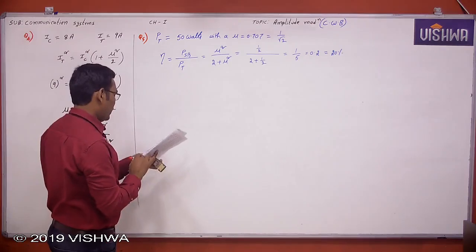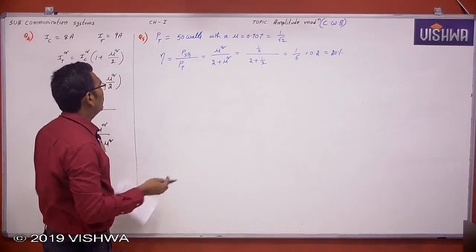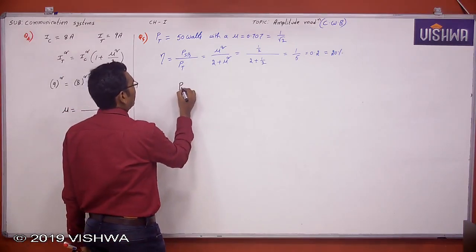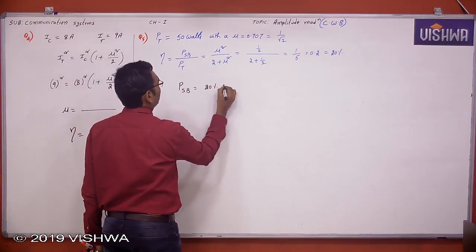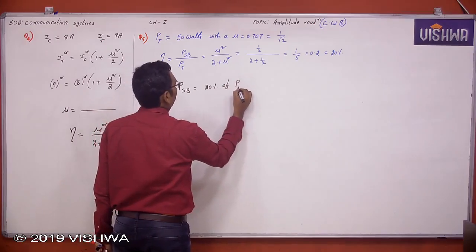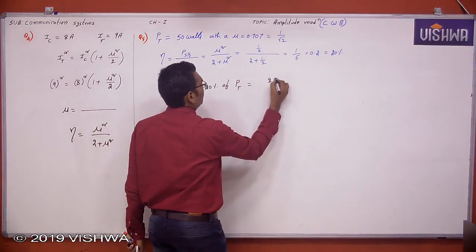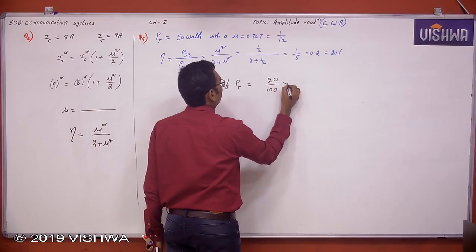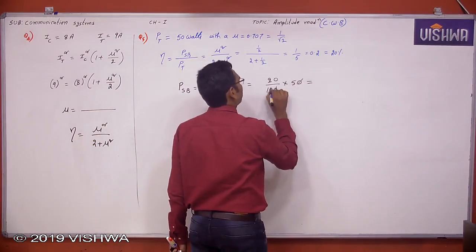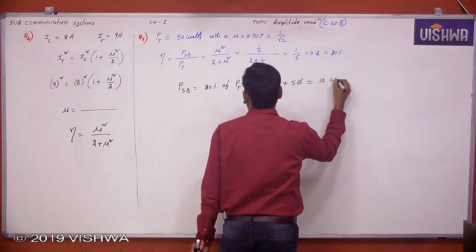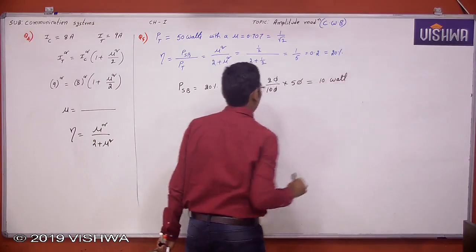Now from here you can easily identify the sideband power. The sideband power here is 20% of the total power. What is the total power? The total power is 50. Therefore, 10 watts is the sideband power.